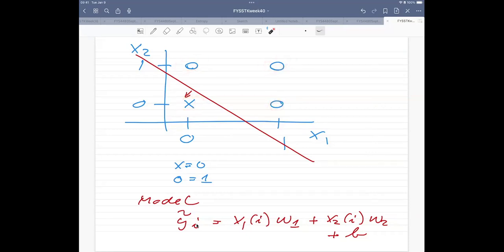That means I can always find a line which separates the different classes. We have only 2 classes, 0 and 1. The crosses are 0, and the circles represent 1.